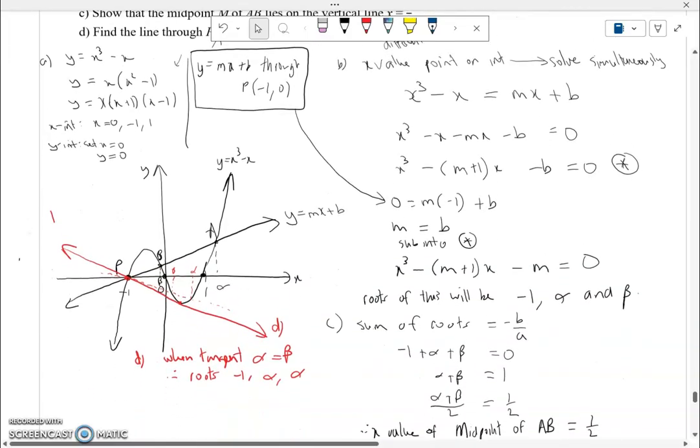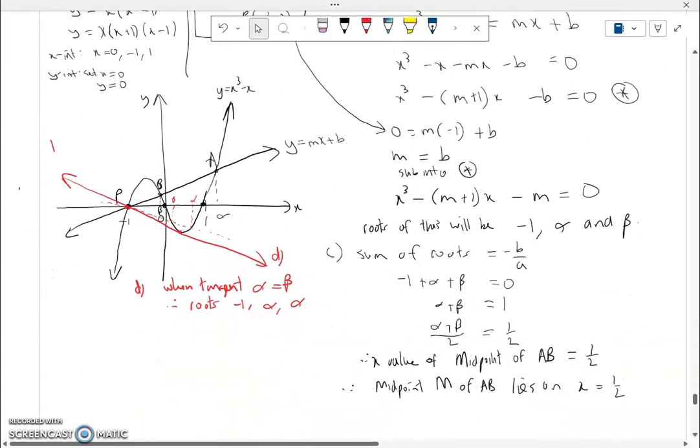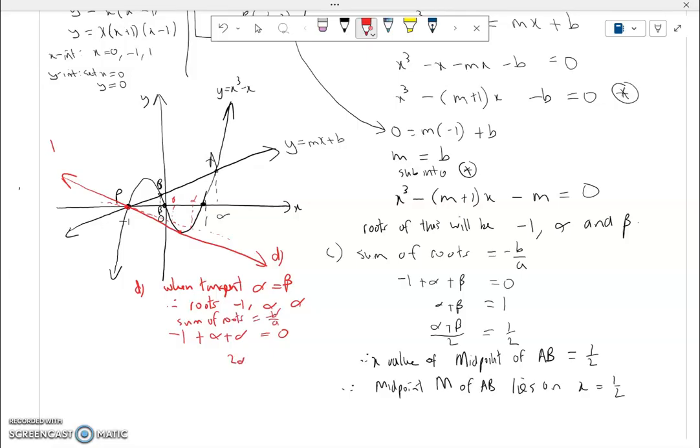Okay, so we can work out what alpha is now by doing sum of roots again. So sum of the roots, it'll be -1 plus alpha plus alpha equals 0. That's sum of roots, minus b over a. So that tells me that 2 alpha is equal to 1. Alpha is going to be equal to a half.